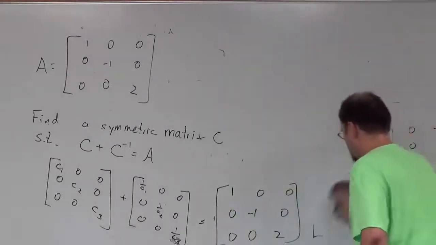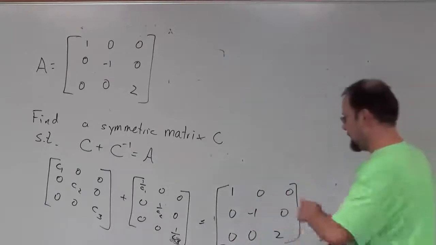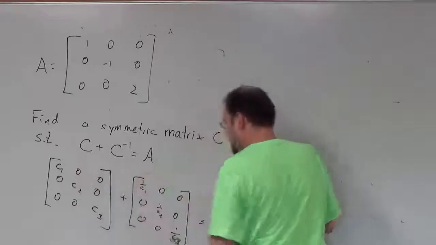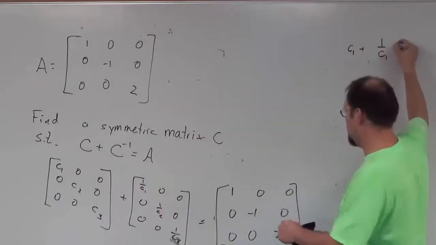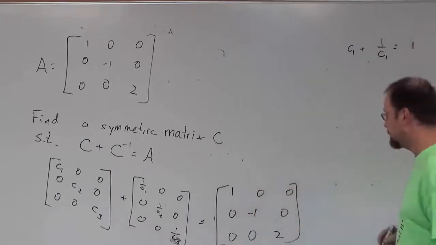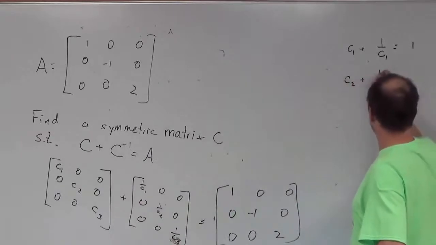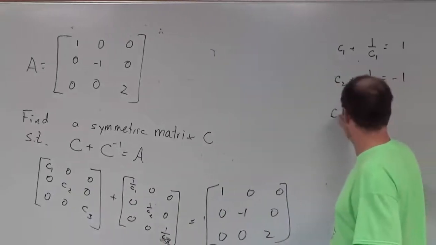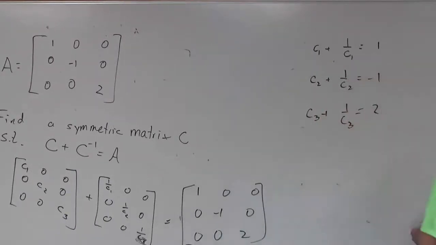And how do we go about finding this matrix C? Well, hopefully it's clear that when you add these diagonal matrices, you're going to get C1 plus the reciprocal of C1 has to give you this number 1. Right? And looking at the next diagonal entry, you get a similar equation, and then we can solve for C1, C2, and C3.